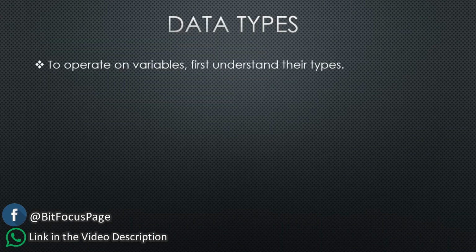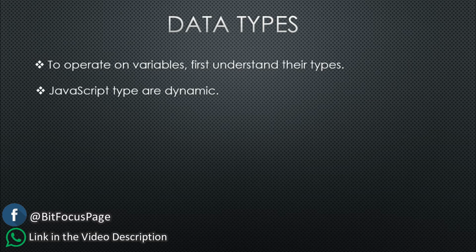Whenever we declare some variables, for example, we store a value into a variable, a number, a text, or something else. All of them are specified with a specific data type. Data type in JavaScript is dynamic. Please remember, dynamic.